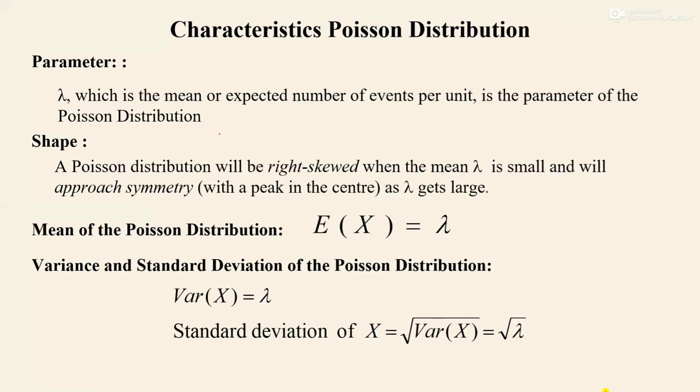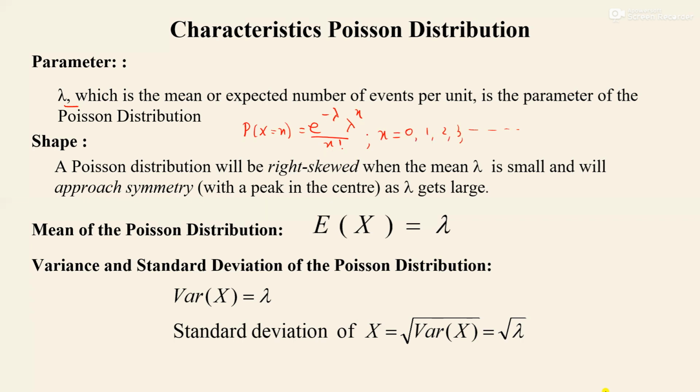Like in the binomial, the parameters are n and p. N is the number of trials, p is the probability of success. But here the parameter is lambda. Only if the average number is known can we calculate the probability: P(x) equals e to the power minus lambda, lambda to the power x over x factorial, where the possible values for x are 0, 1, 2, 3, and so on.